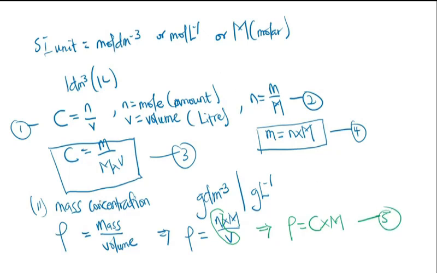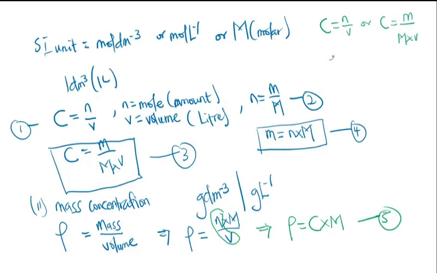So these equations that we've seen so far are very, very important in solving problems involving concentration. First of all, concentration is mole over volume, or concentration is mass over molar mass multiplied by volume.